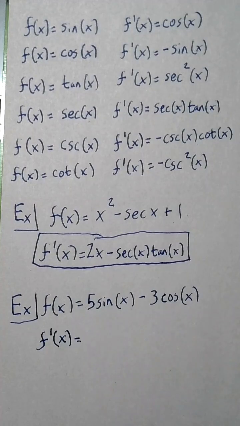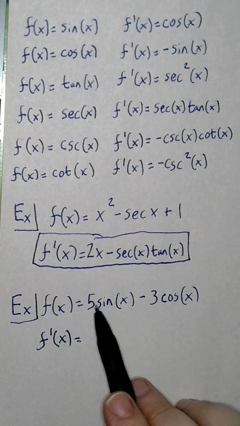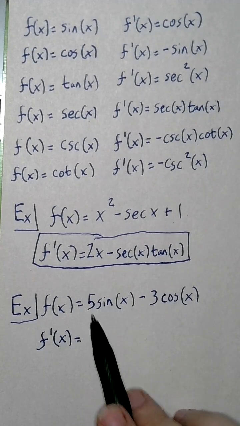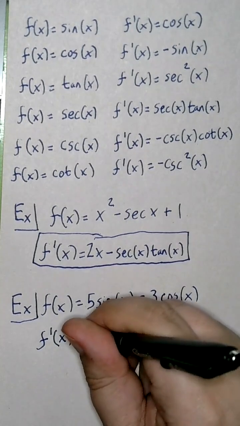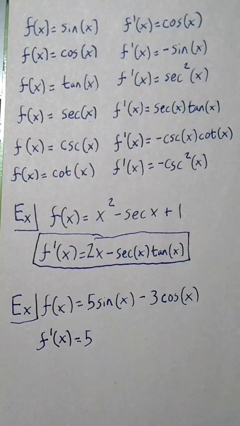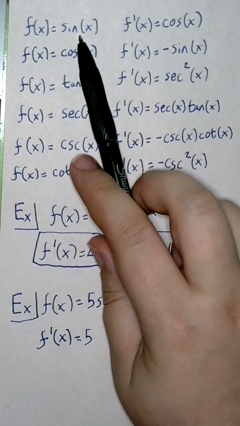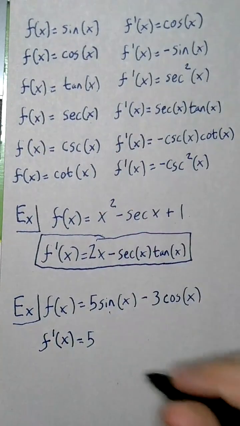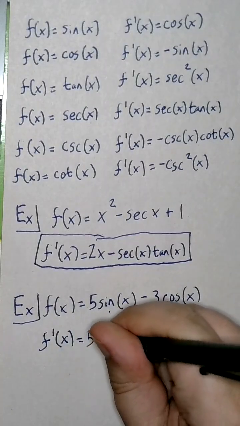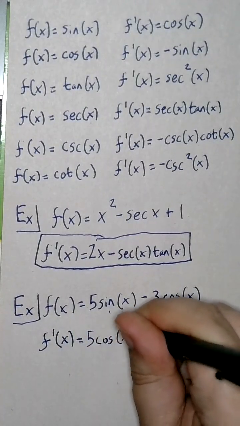So 5 times sine of x. Well, 5 is a constant, so that'll come along for the ride. The derivative of sine is what? Well, the derivative of sine, if we look across, it's cosine. So I have 5 times cosine of x.